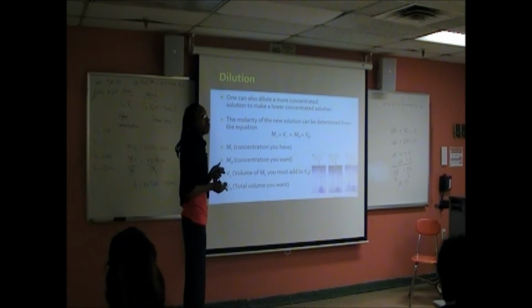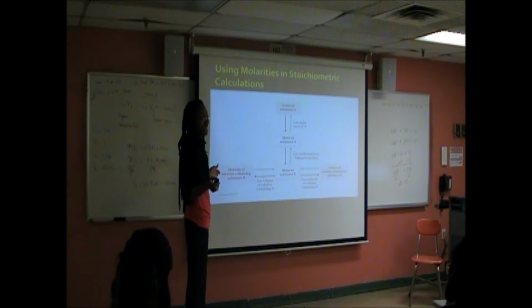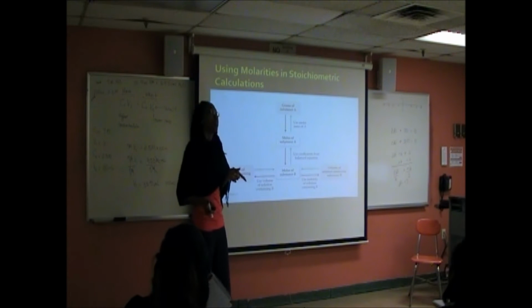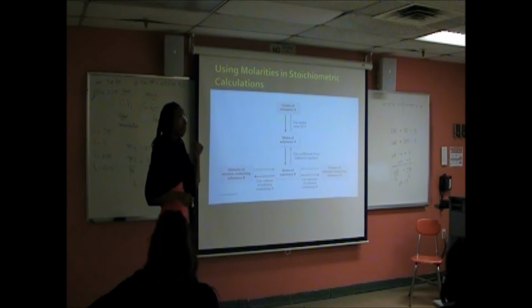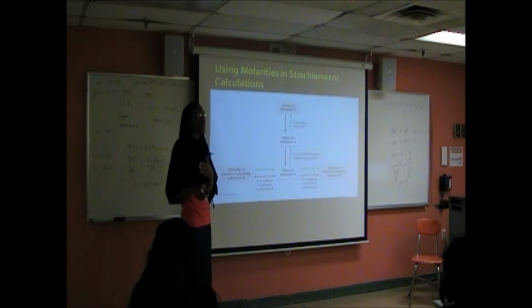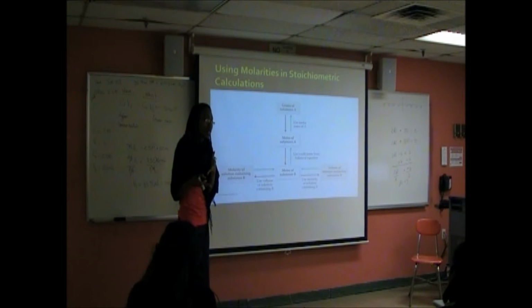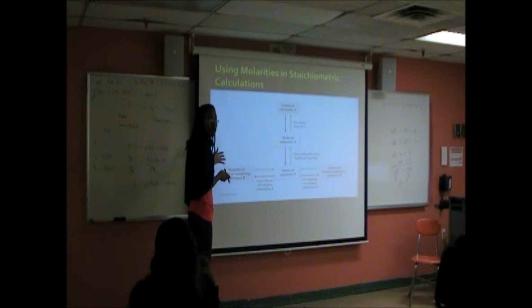Now you're going to get more deep. We're going to involve stoichiometry. We can use our molarity and stoichiometry, like the titration that we did. You can figure out the concentration of one of your reagents based on stoichiometry.